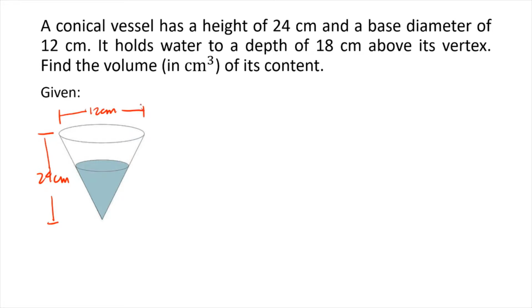It holds water to a depth of 18 centimeters above its vertex. So this is the vertex of our cone, and the depth of the water is 18 centimeters above this vertex. So the surface of the water is 18 centimeters above the vertex of the cone.